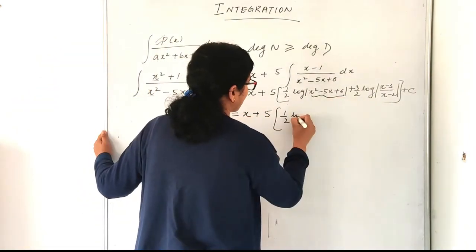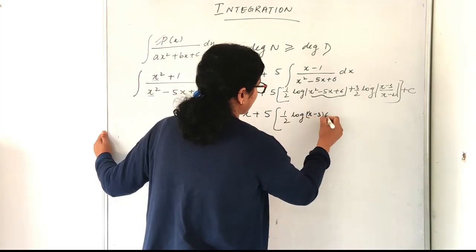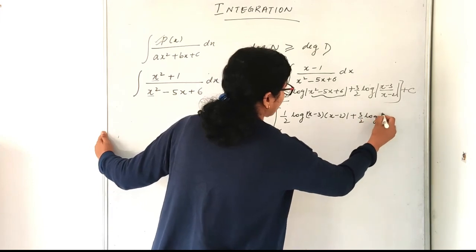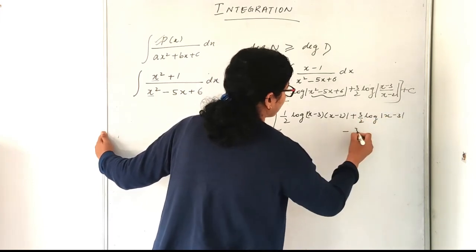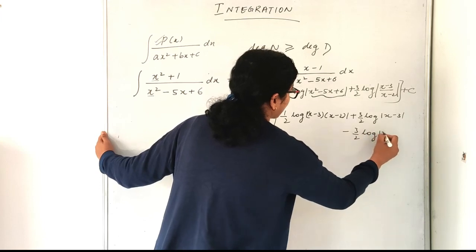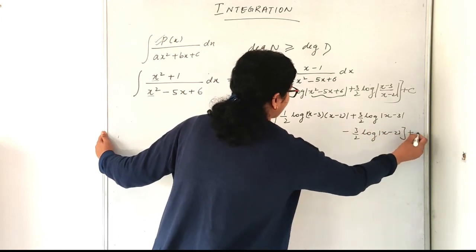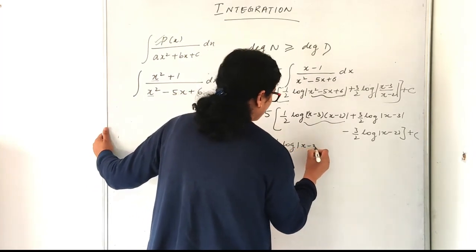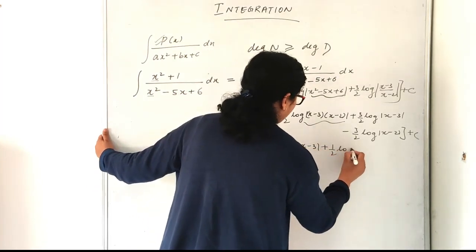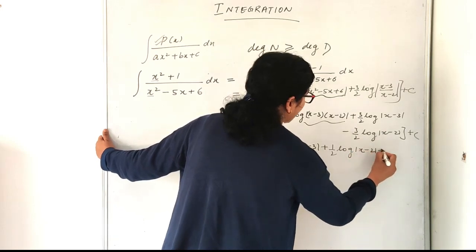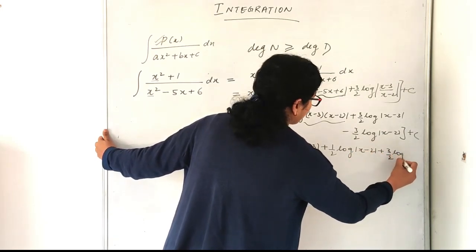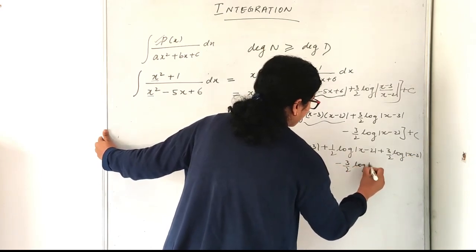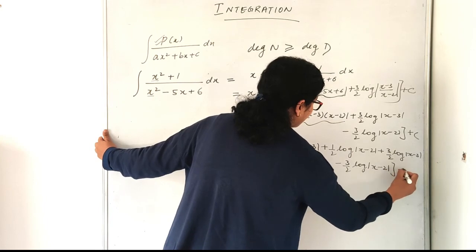This can be further solved as x plus 5. We can write this as log of x minus 3 into x minus 2, by factorization, plus 3 by 2 log x minus 3 minus 3 by 2 log x minus 2, plus c. So this can be written as 1 by 2 log x minus 3 plus 1 by 2 log x minus 2 plus 3 by 2 log x minus 3 minus 3 by 2 log x minus 2, plus c.